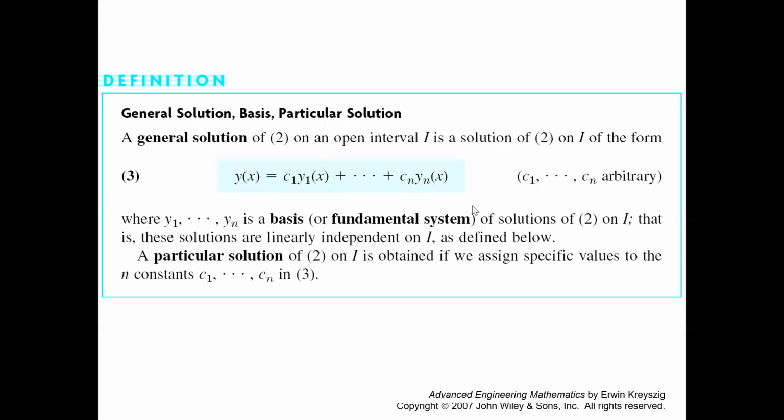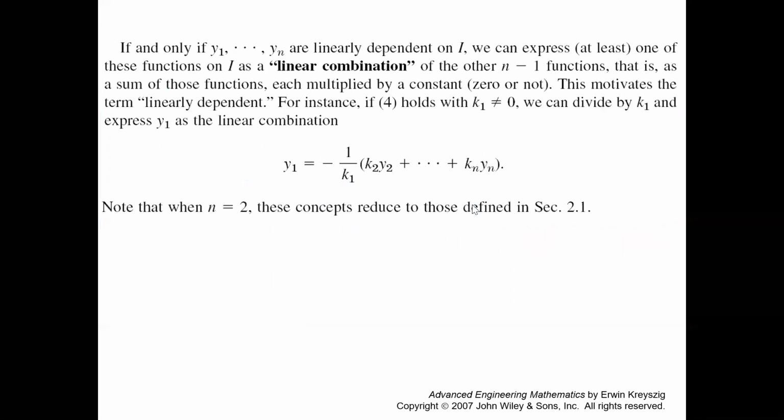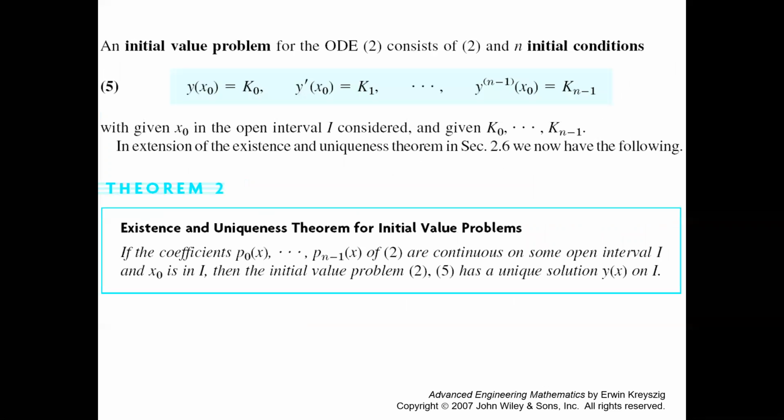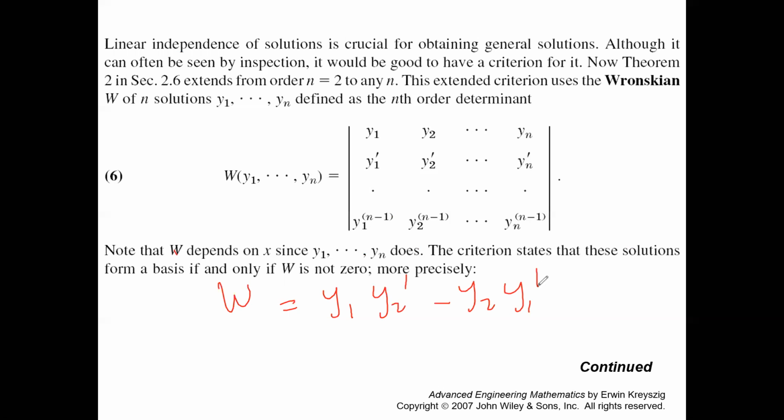This one again, and this is also the same. I will skip this one. This one still skip. Oh yeah, the Wronskian. The Wronskian also extends from the second order. Remember on the previous slide we have W equal to Y1 Y2 accent minus Y2 Y1 accent.